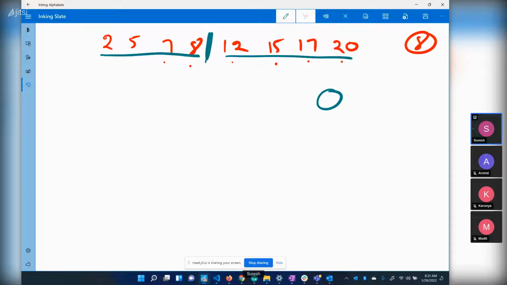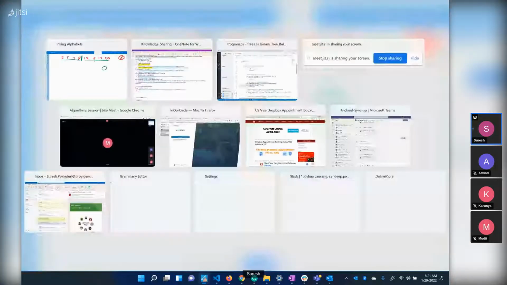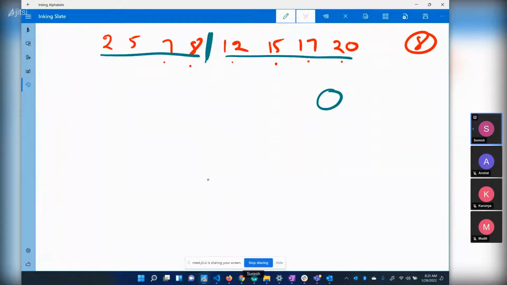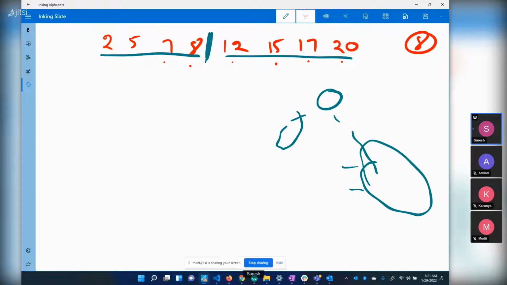Because if you look at the definition of a minimal binary tree, it's not exactly half and half. A minimal binary search tree has about the same number of elements. About the same number means it's okay to have a little bit fewer elements on the left side than the right side, maybe one or two levels more.